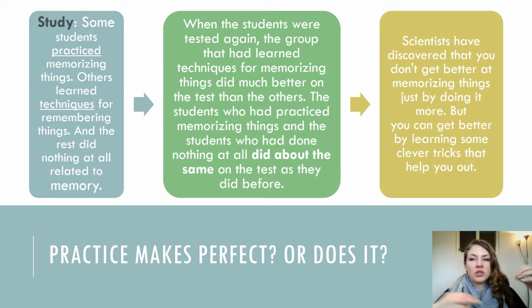So what this shows is that you don't get better at memorizing things just by doing it more and looking at it more and just trying to memorize. You actually get better by learning tricks to help you. So these little tricks are extremely helpful for you in preparing for things like exams or just remembering general formulas or information that you want to be able to recall later.